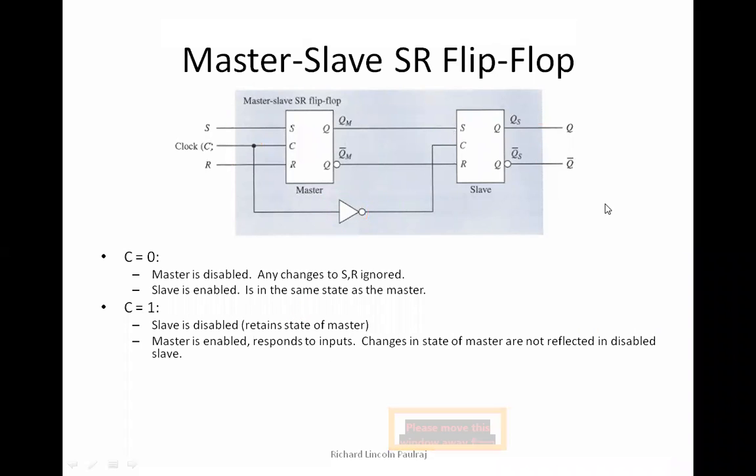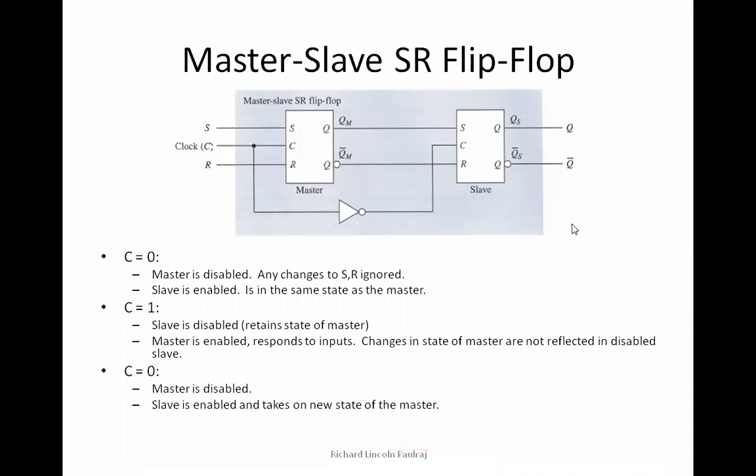Now we will see the next case, again when C is equal to 0. Now when C becomes 0, as you all know, your master gets disabled. Whatever values were there will pass on to the slave because the slave is now enabled. That's why I said it is acting like a latch.